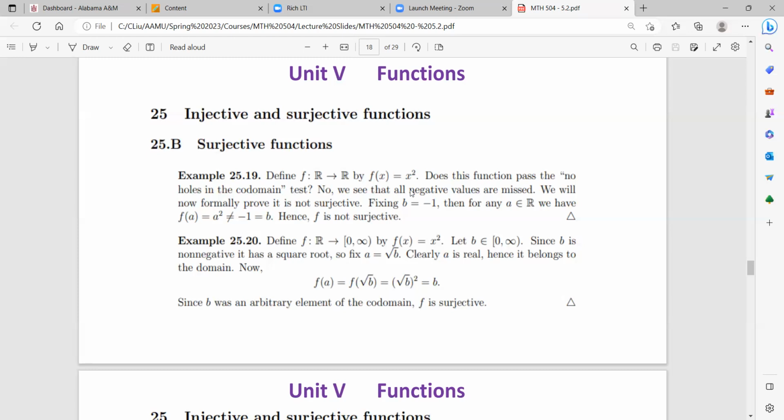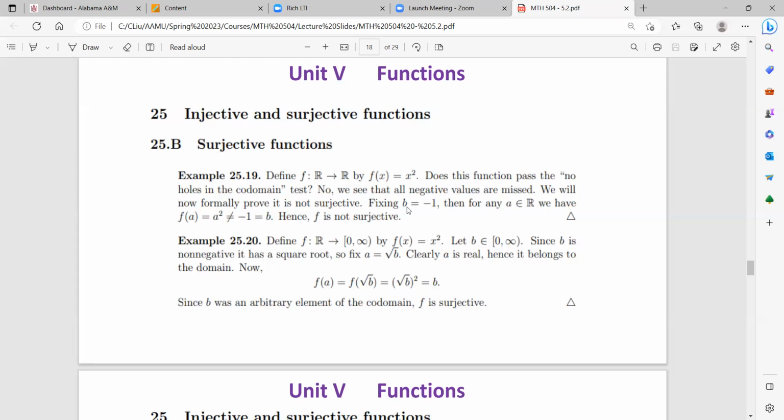All negative values are missed. Or in the codomain, all the negative values do not have a pre-image, do not have an x value paired with it. This is very easy to prove.